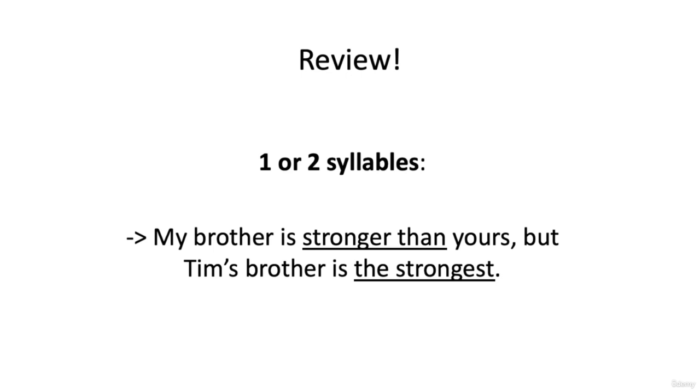Now, how we form these comparatives and superlatives depends on the number of syllables in an adjective. Generally speaking, for adjectives with only 1 or 2 syllables, we add the suffix -er and use the word than to form the comparative, and add the suffix -est to form the superlative.